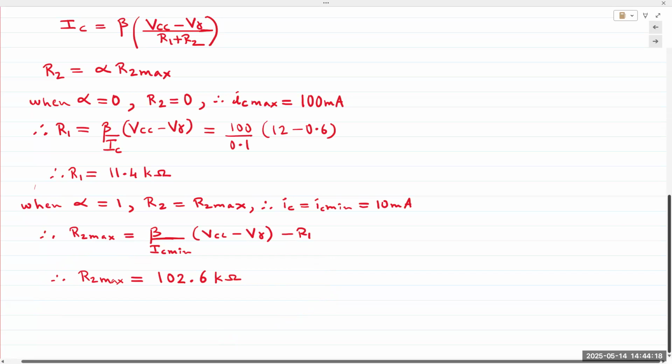Okay, 102.6 kilo ohms. Any other questions before I move on?